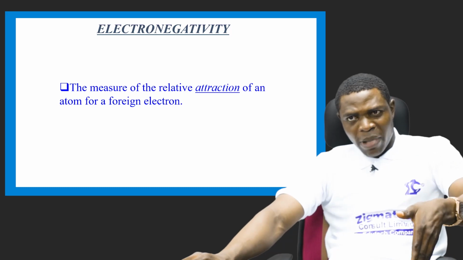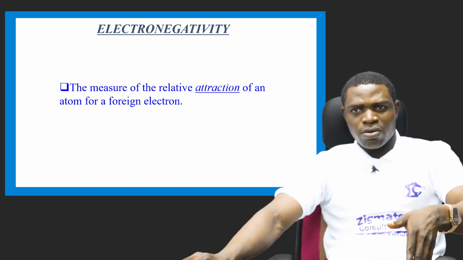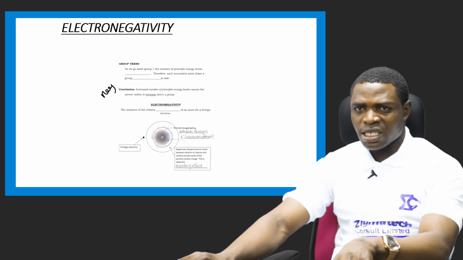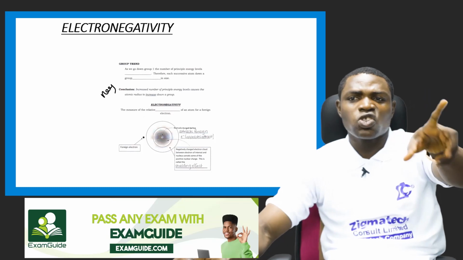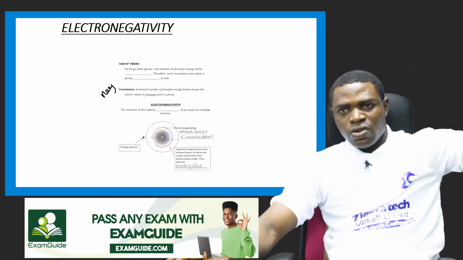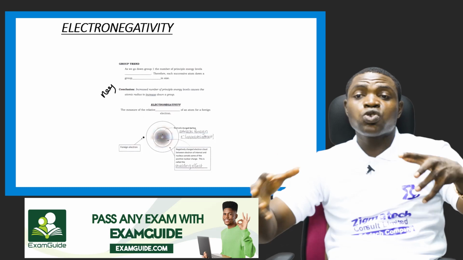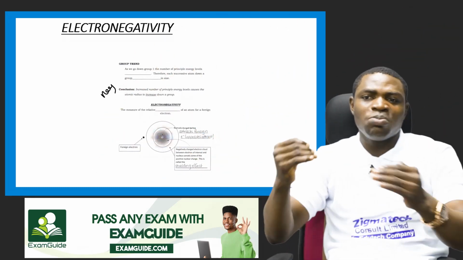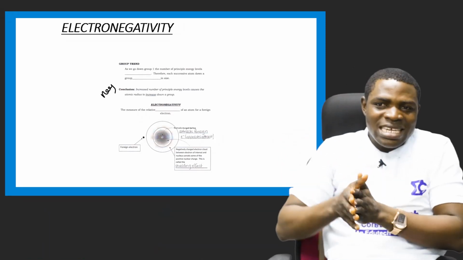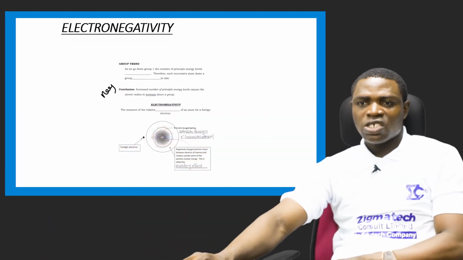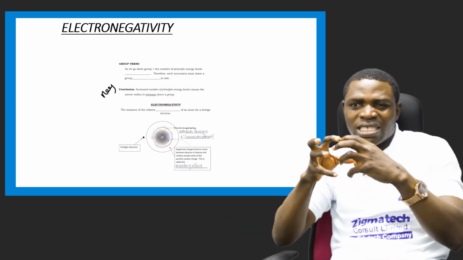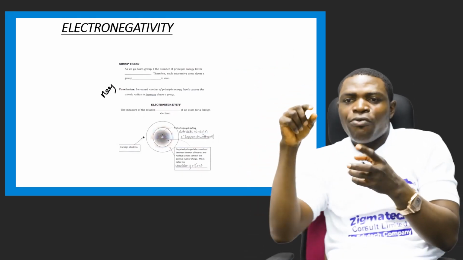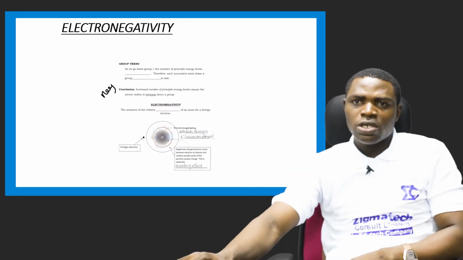Electronegativity is the measure of the relative attraction of an atom for a foreign electron. Now, if you look at this diagrammatic illustration, if any foreign electron is coming from outside the atom, it has to approach the valence electrons first, because the attraction is between the nucleus and the nearby valence shell, because of the shielding effect. There's a tendency of shielding the electrons at the outermost shell from being pulled towards the nucleus.